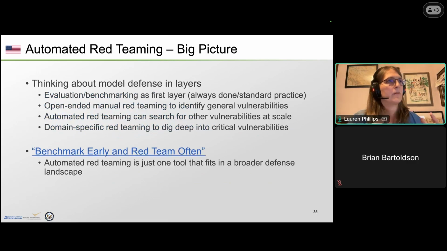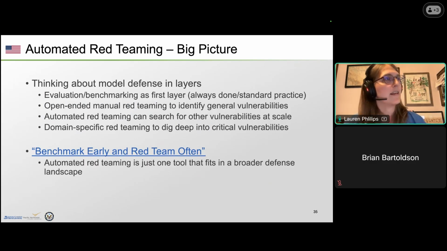So thinking about the big picture of red teaming, I like to think of model defense as happening in layers. This was one of the questions from earlier today: how do we think about pros and cons and how do they all fit together?